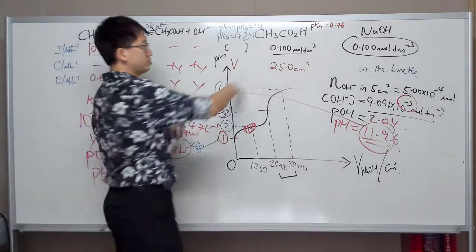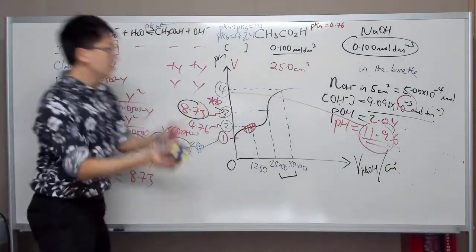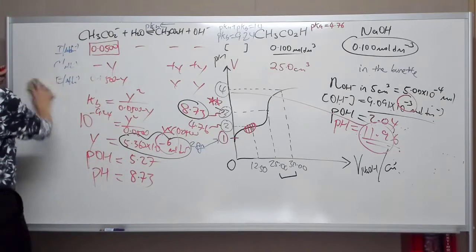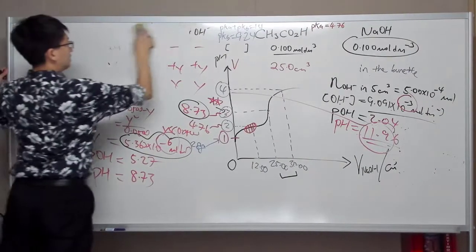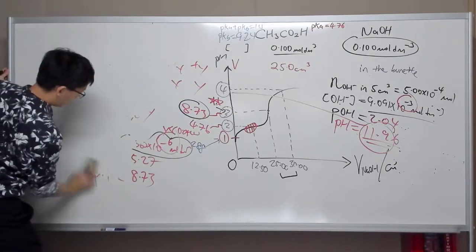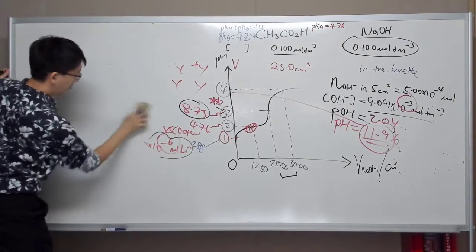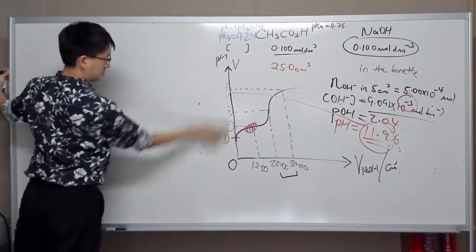You can randomly choose a HA. I'm just going to erase this portion because I think it's a little bit messy. Then I'm going to explain what I really mean when you choose a random acid.